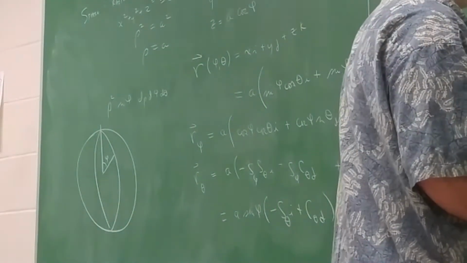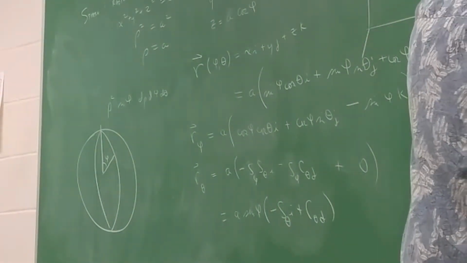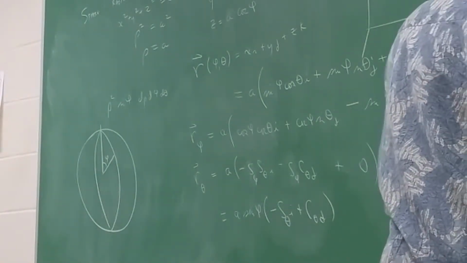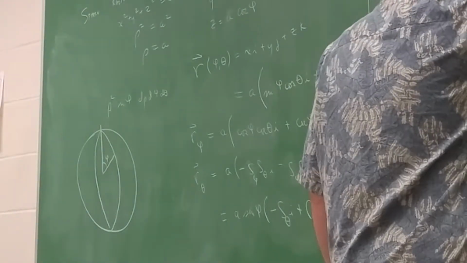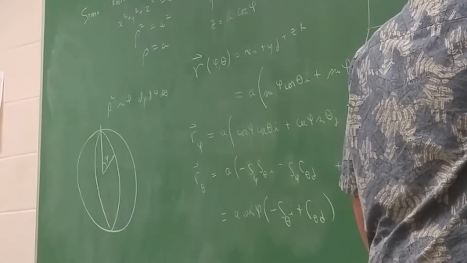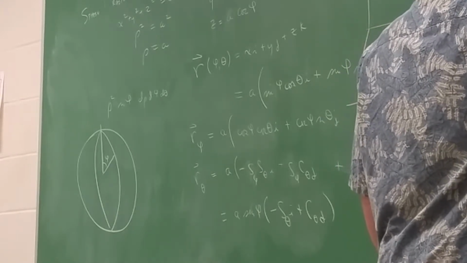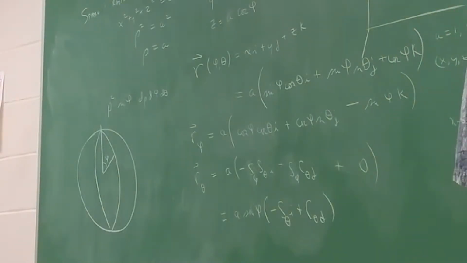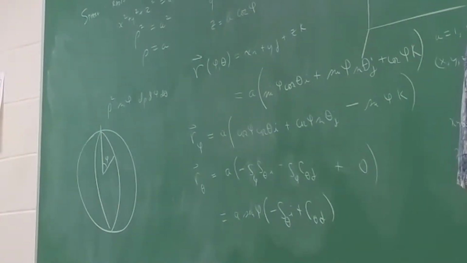All right. So here goes. Cross product n is r sub phi crossed with r sub theta. And, all right, we got a, and it's sine phi cosine theta i.